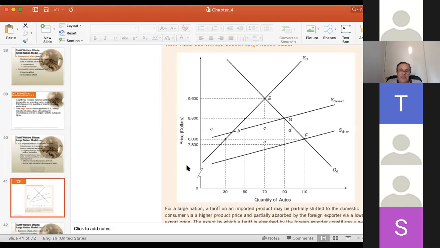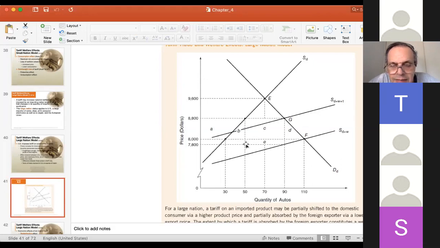Now, how are we going to measure the terms of trade effect? That terms of trade effect is measured by this little rectangle E, because Japan will be exporting this much after the tariff, and the US will be importing this much after the tariff. And Japan will be paying this much of the tariff.